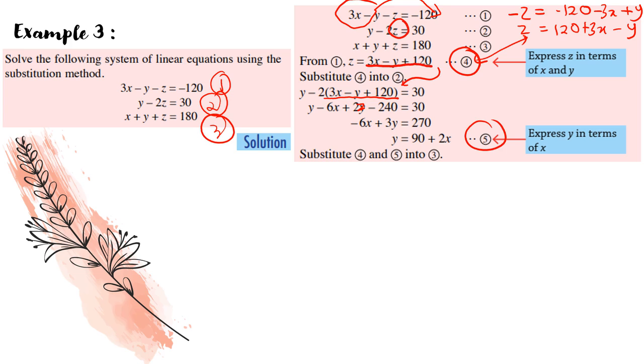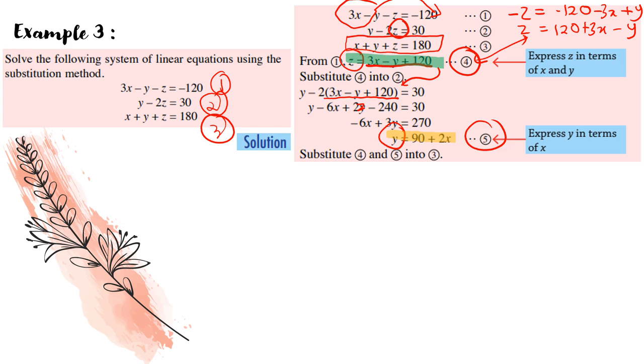Okay, so now you have not used equation number 3 yet, but you have z and you have y here. So substitute y and z. Here, this is for y, and the green color, this one is z.